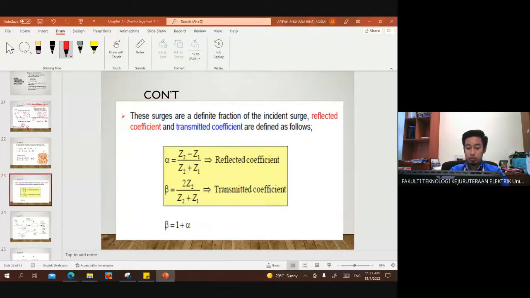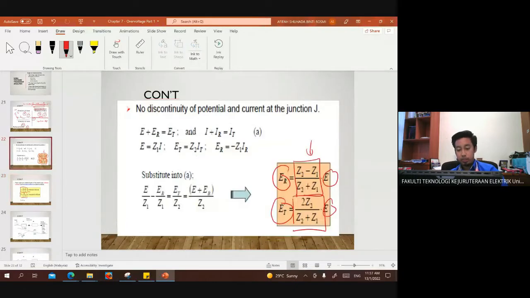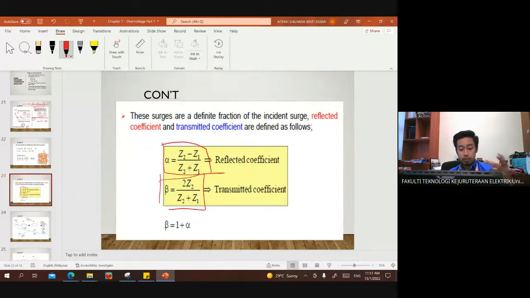You can refer to slide number 23. So this is the reflected coefficient, this equation. I want all of you to please take note of this equation for the reflected coefficient, the voltage reflected and the voltage transmitted. This is the main thing all of you must remember before we start the calculation part.